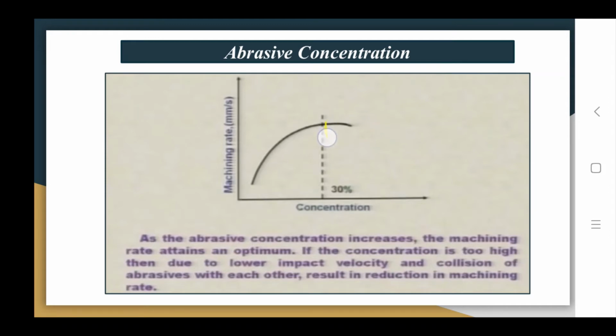And if the concentration is too high or beyond the optimum, then due to the lower impact velocity and collision of the abrasive particles with each other, it will result in the reduction of the metal removal rate or the machining rate.